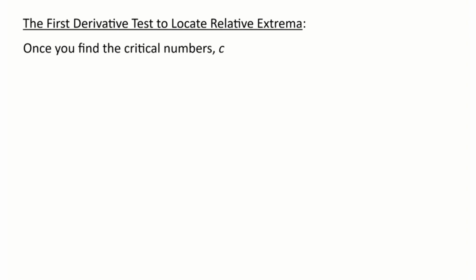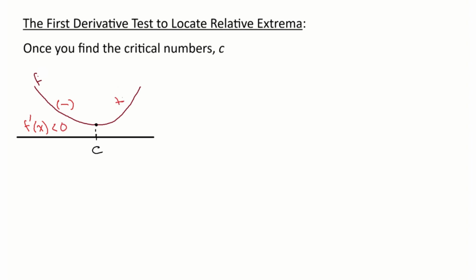Once you find the critical numbers, let's call those c. If f prime changes from negative to positive at c, then the function has a local minimum at c, f of c.